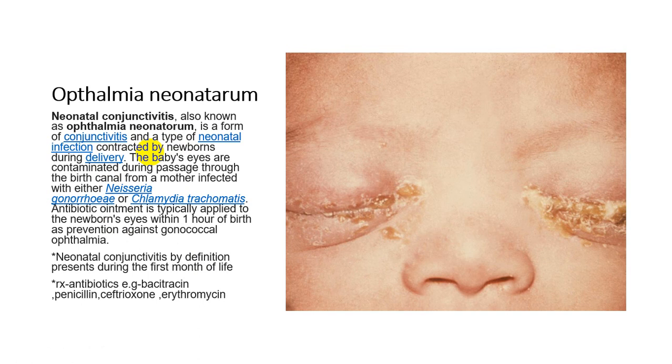It is now rare because of routine use of antibiotics after birth, and if you find the disease, you can treat with antibiotics. Usually you need systemic antibiotics like penicillin, ceftriaxone, and erythromycin, and you can use topical antibiotics like erythromycin drops also.